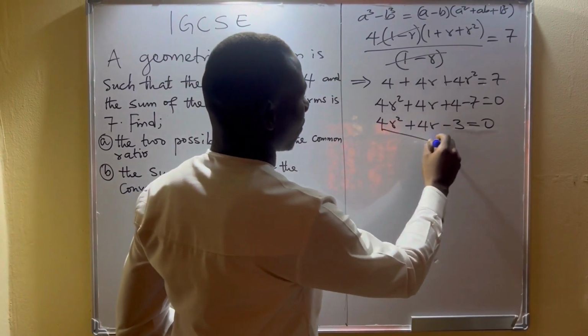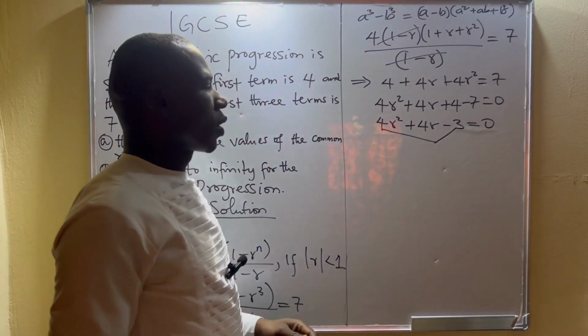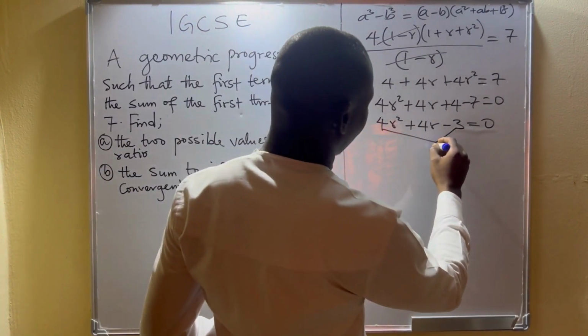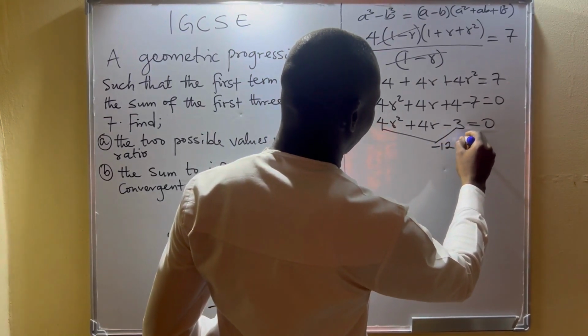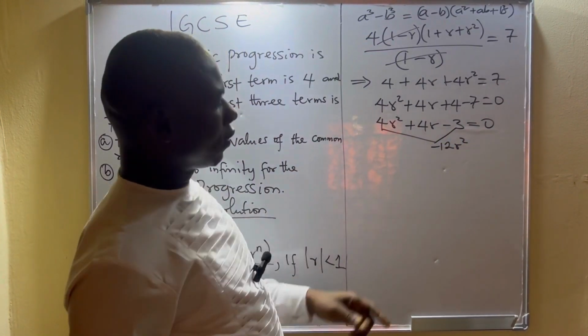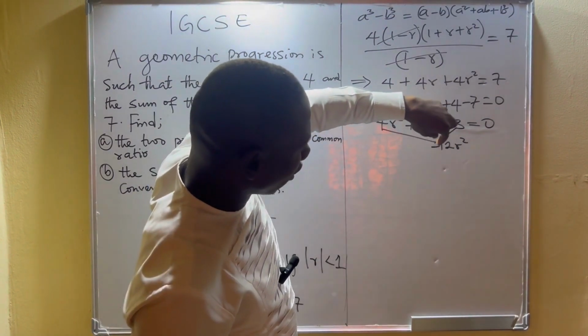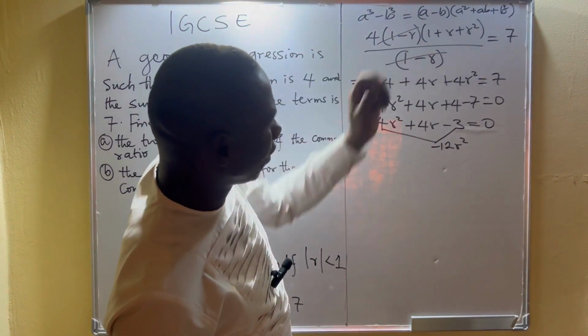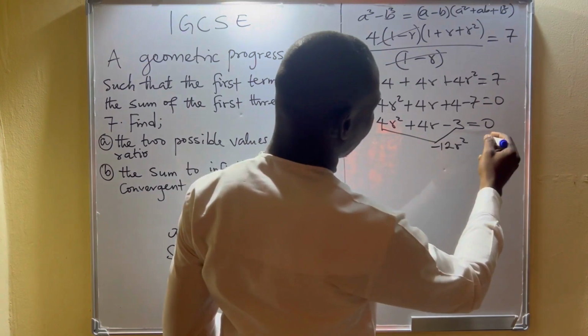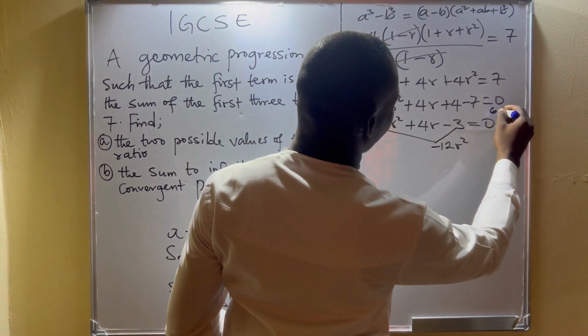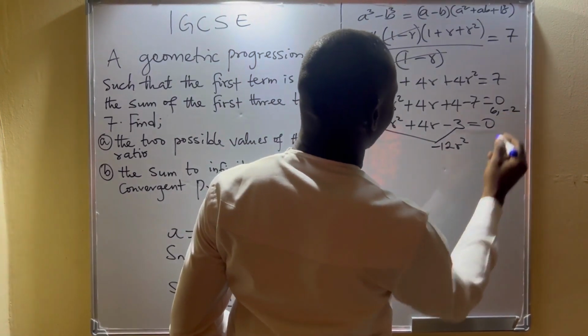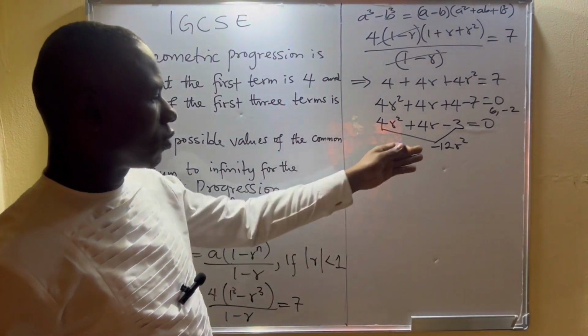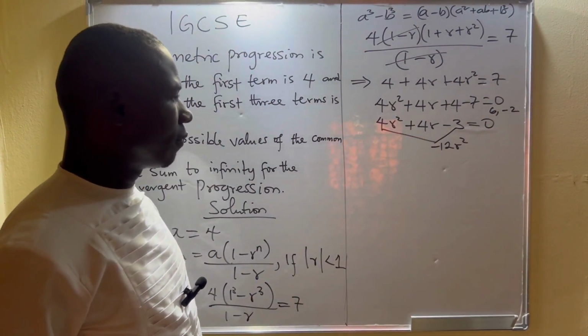So I will multiply these two. If I multiply these two, I will have minus 12r squared. Let me look for two numbers. When I multiply them, I will have minus 12. When I add them, I'll have plus 4. So those two numbers are plus 6 and minus 2. So that's what will give us the two values we are looking for.